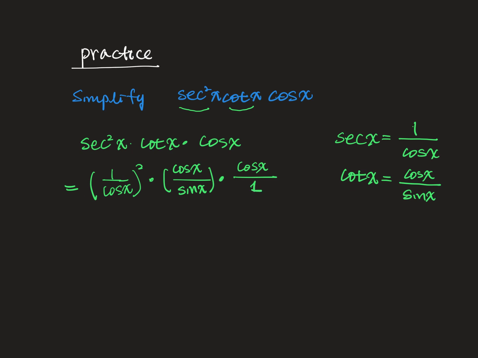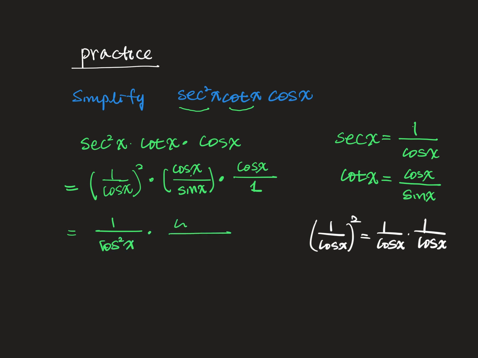So 1 over cosine square x times cosine x over sine x times cosine x over 1.